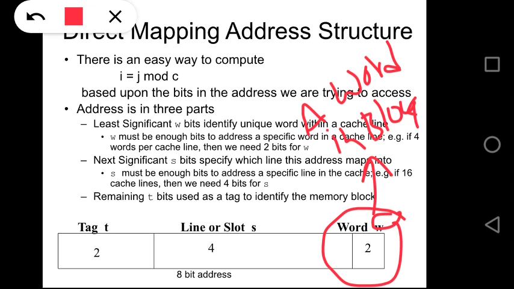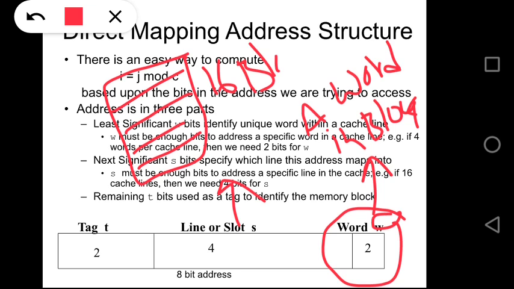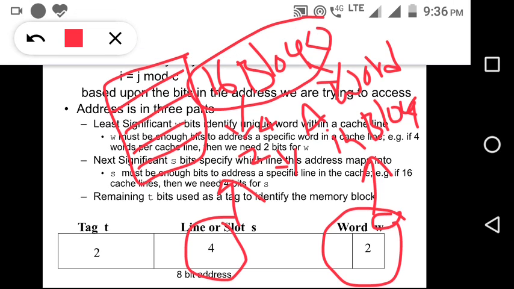For example, if the cache memory contains 16 blocks and each block contains 4 words, then 16 can be written as 2 power 4, so 4 bits are necessary for identifying a block in the cache.